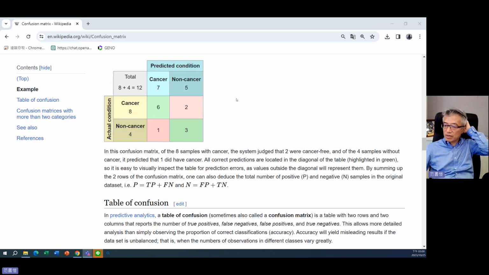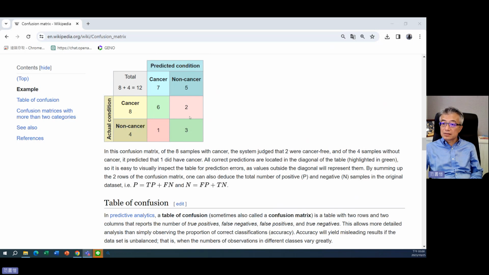So in this confusion matrix of the 8 samples with cancer, the system judged 2 were cancer-free. And this is the 4 samples without cancer, and it predicted 1 did have cancer. All the correct ones are located on the diagonal. So you can see that the system judged 2 were cancer-free.